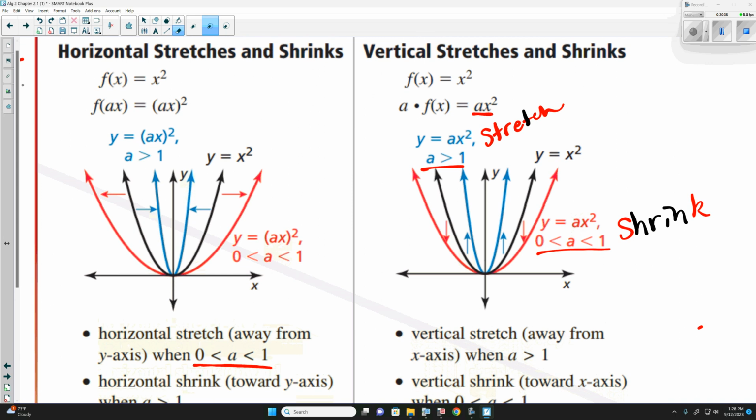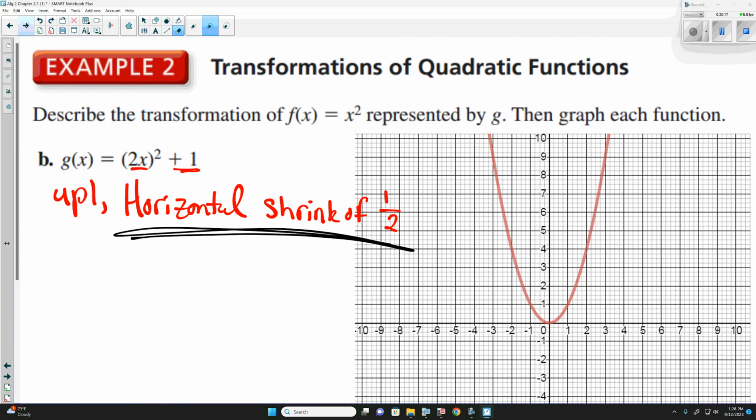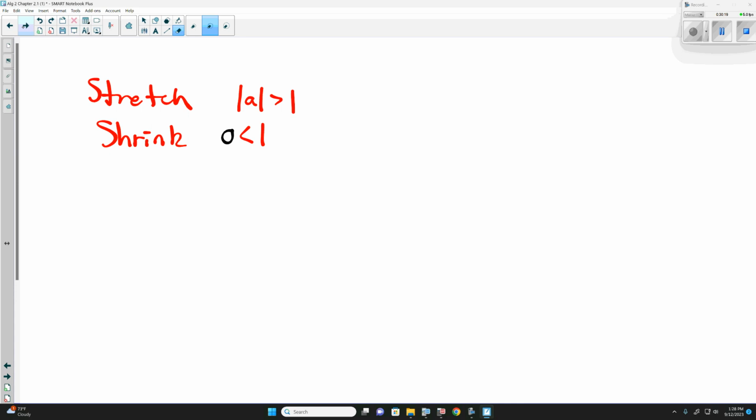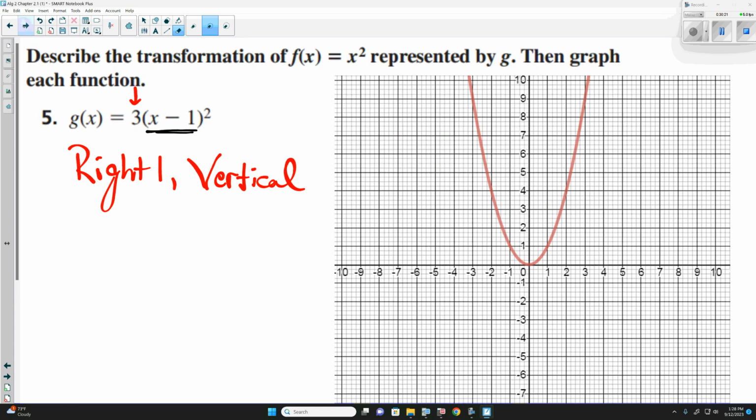Well, what else is in front? Vertical stretch or shrink, if it's out in front of those parentheses. Yep. And this would be vertical of 3.